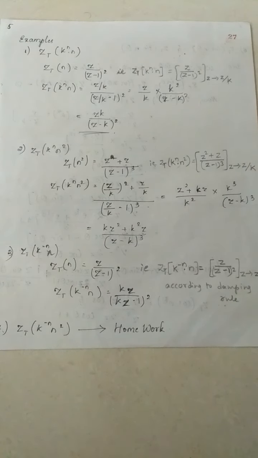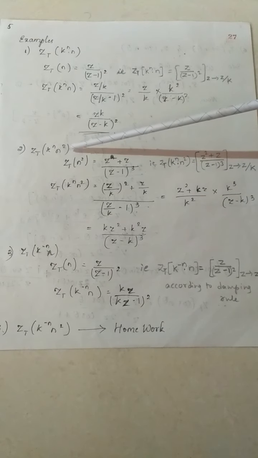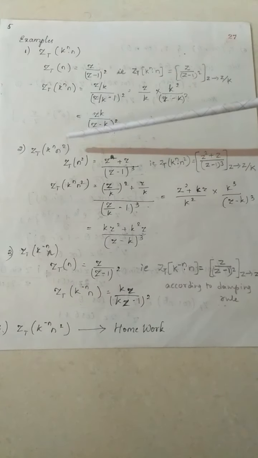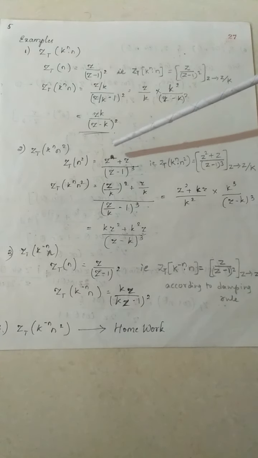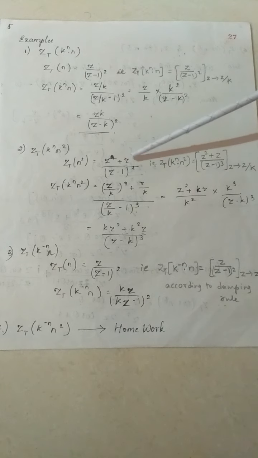Now let us find z transform of k to the power n into n square. It is similar to the previous problem. Here in place of n we have n square, and here also we need to write the result of z transform of n square first, and in this result we are replacing z by k. So that is z transform of n square is nothing but z square plus z upon z minus 1 whole the cube. So in this result we are replacing z by k.